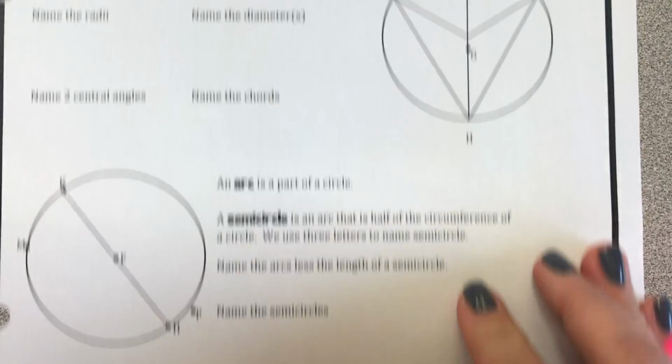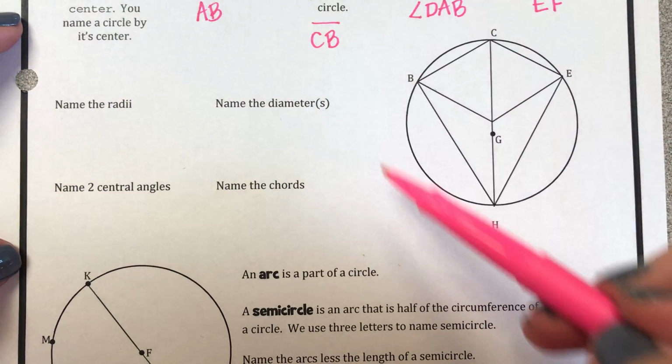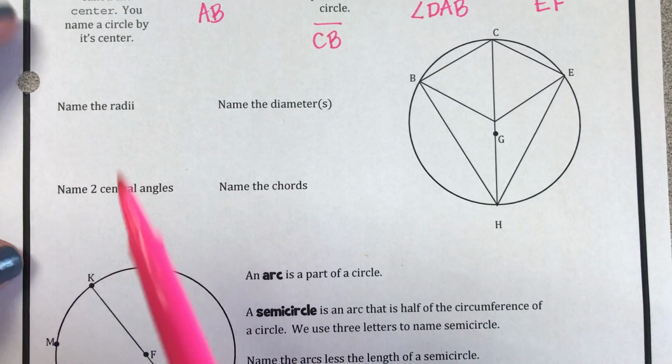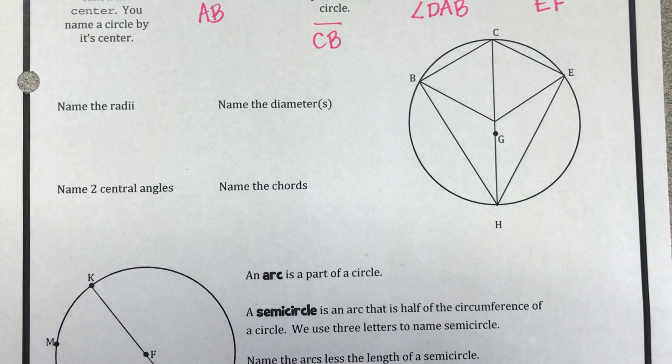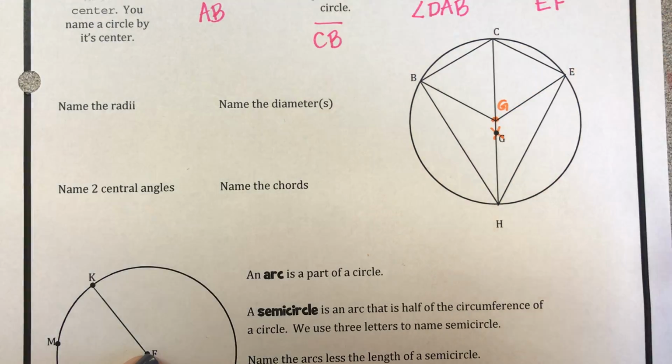Okay, so let's look down here. There we go. At this example right here. Okay, it asks you to name all the radii. So radii are going from the center, okay, and this is just a little bit off. This G should be up here, to the circle.